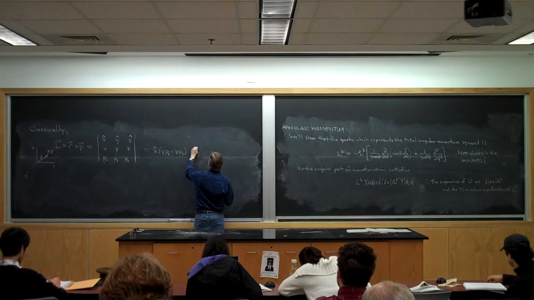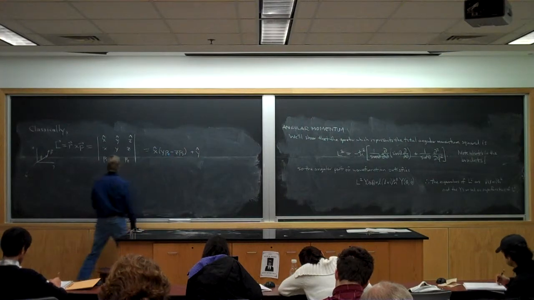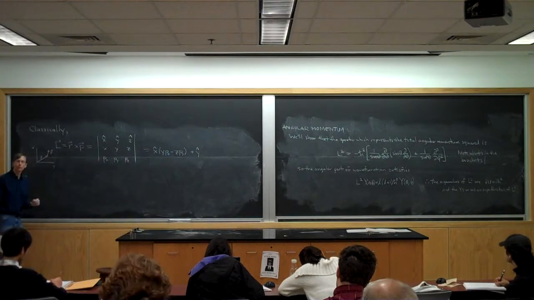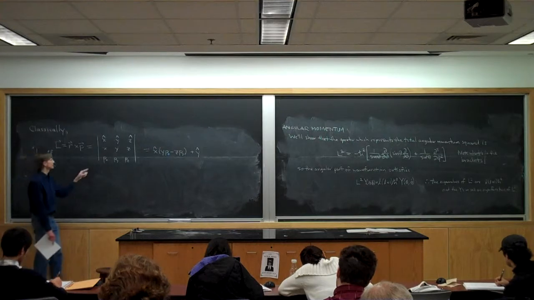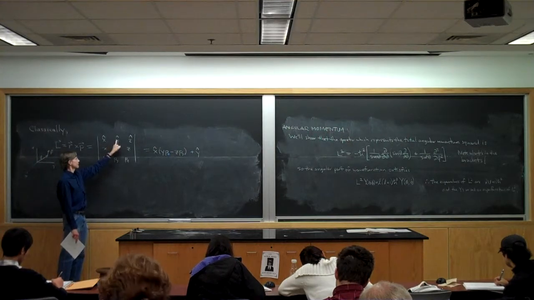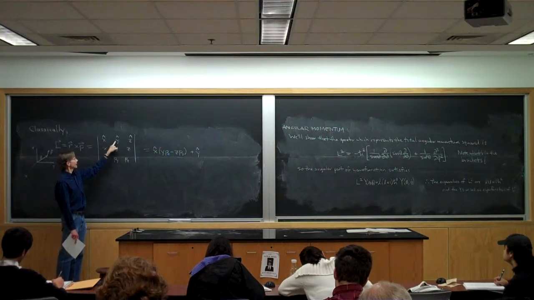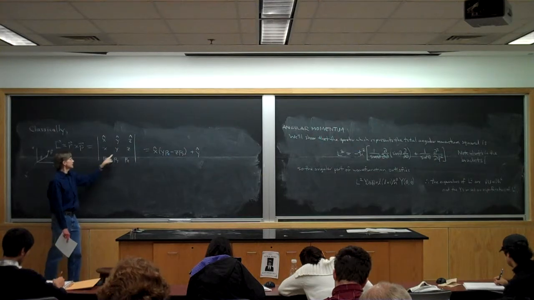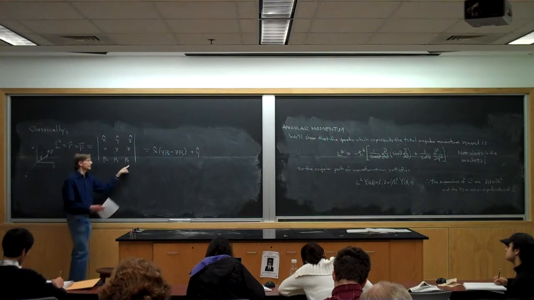And then for y hat, I have to take the determinant in the reverse order because there's a minus sign in front when you go to the next column. So for y hat, I get y hat times (z p_x minus x p_z).